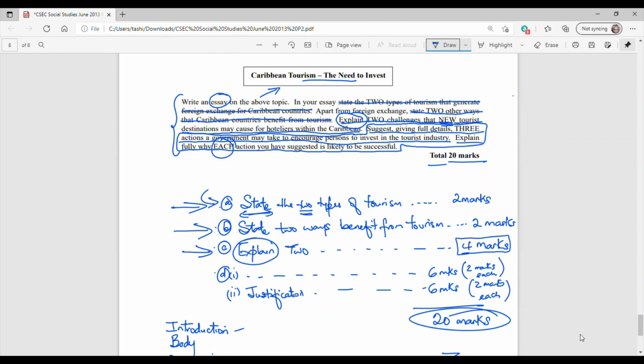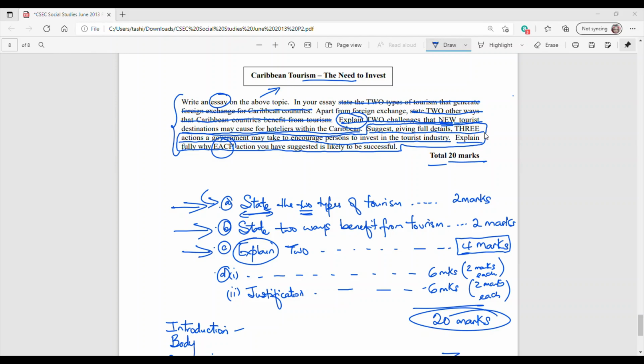Then we would have had our second paragraph that gives the explanation of the 2 challenges. Now we would be moving into our third paragraph, where we would talk about the action that the government may take, as well as justifying that action or stating exactly why that action is likely to work. So that is going to be our third paragraph.